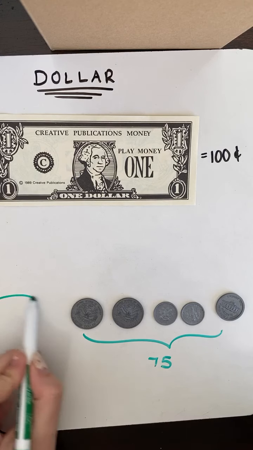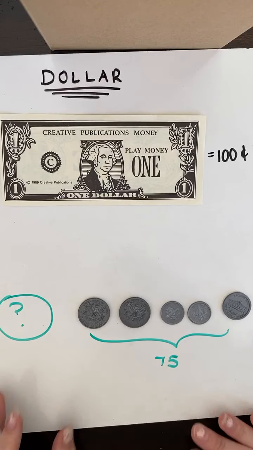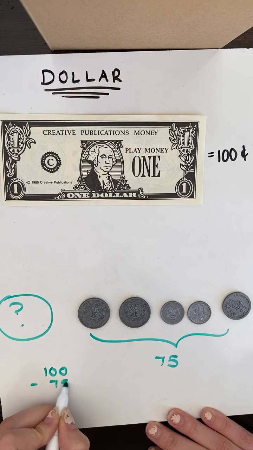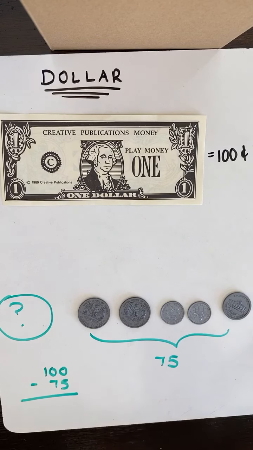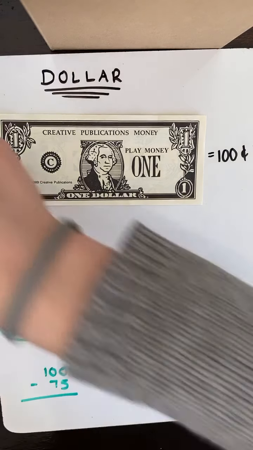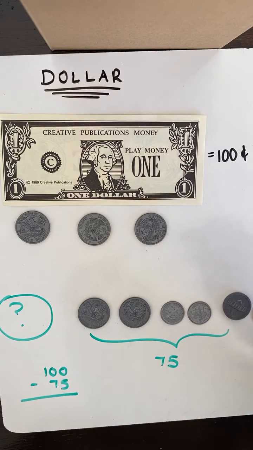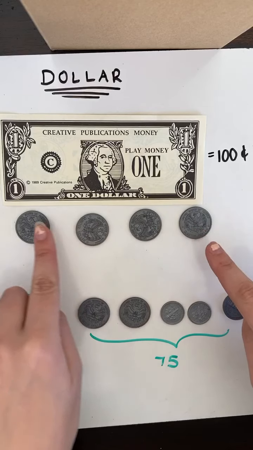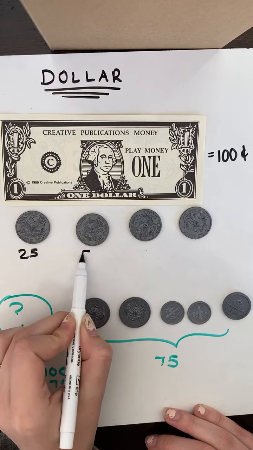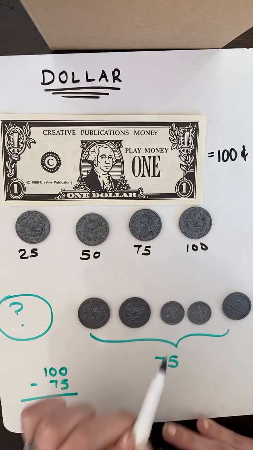One way you could find out how many we need here is by taking 100 and subtracting this number. But you know how I do it in my head? I grab some quarters and I think 25, 50, 75, $1.